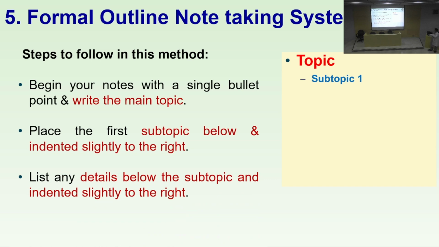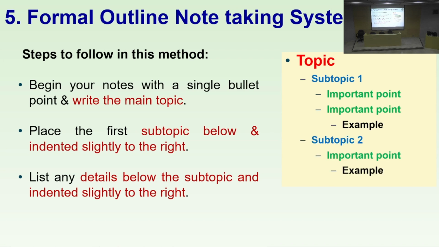List any details below the subtopic, even more slightly indented to the right, like this. This is as simple as the outline method. I'll give you another example. So this is how you read a topic and take notes in the outline method.